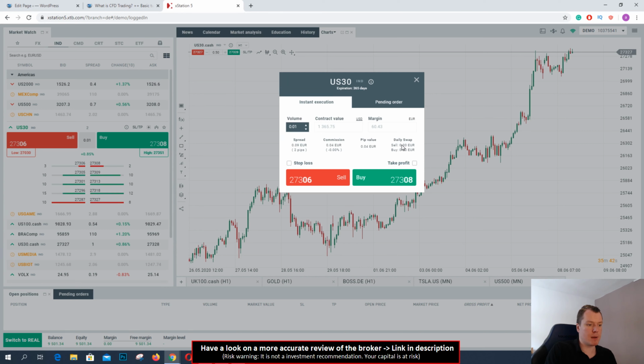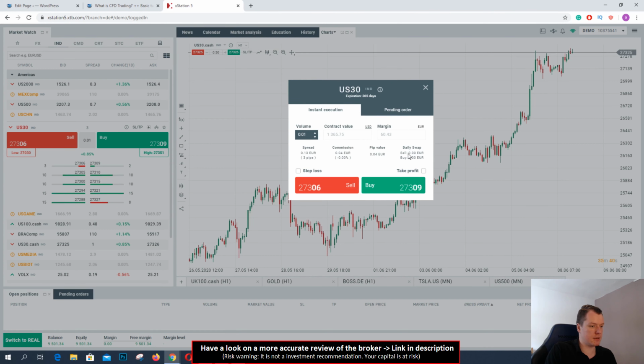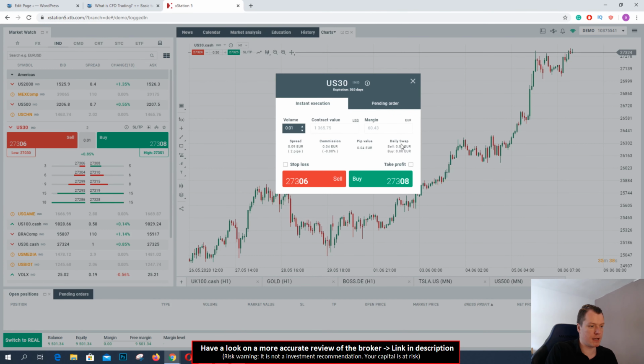And there's a daily swap for this asset, not at this time, but the daily swap is the financing of the position, okay? Because you are trading with leverage. And it's like a credit. The bank, the broker, gives you money, and you have to pay an interest rate for it.